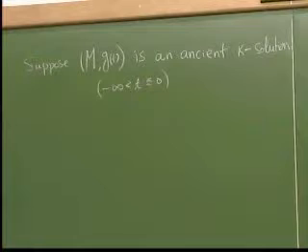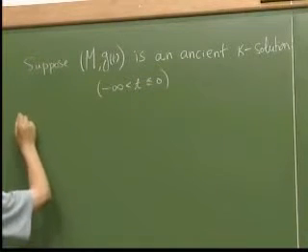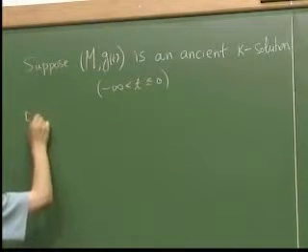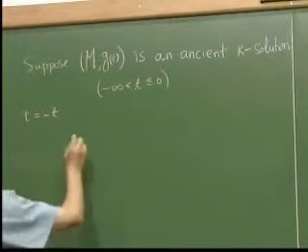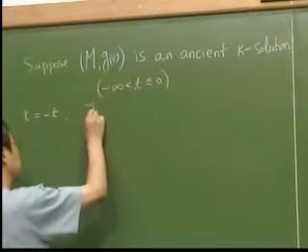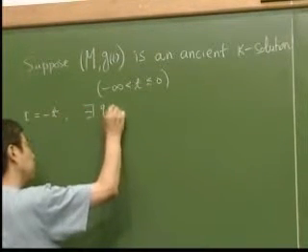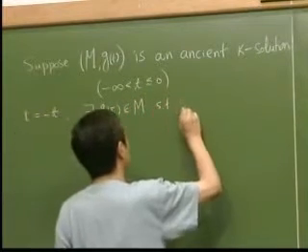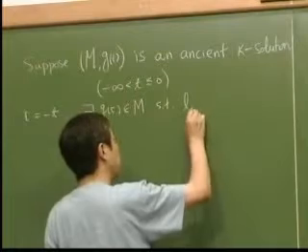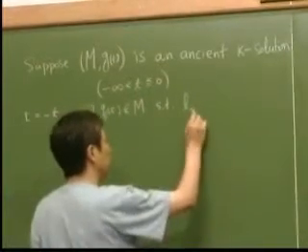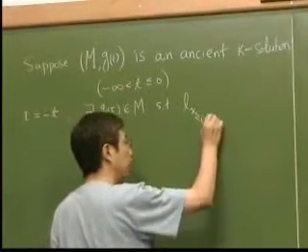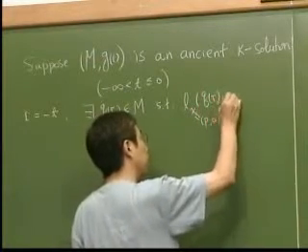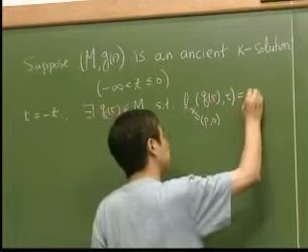Last time I said, for any tau, where tau is minus t, there is a q_tau in M such that the distance function from some given point p is a minimum.